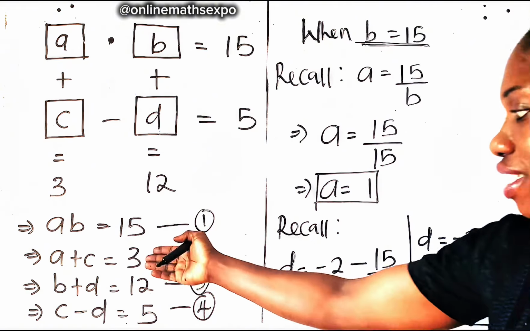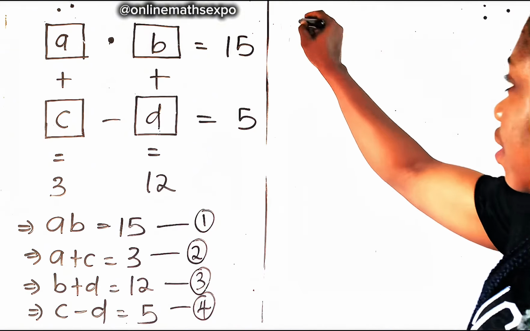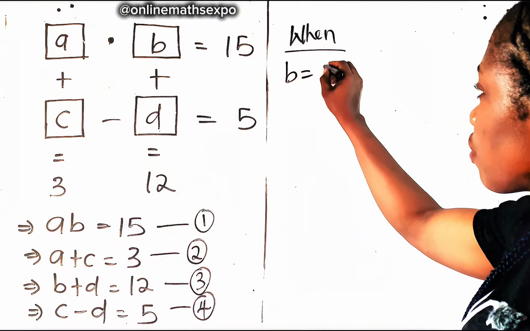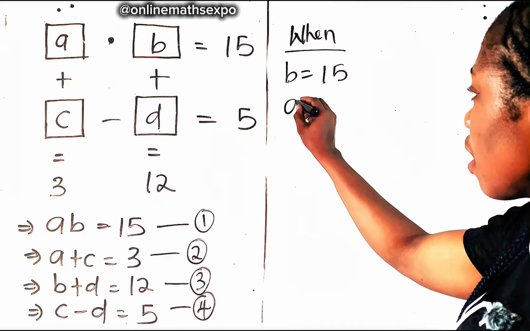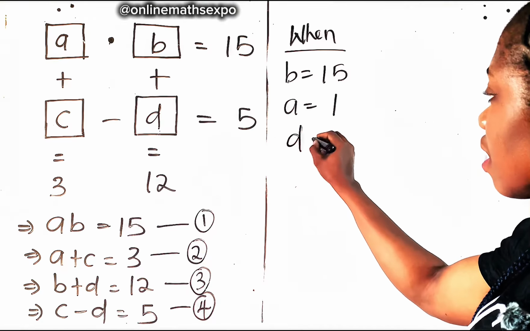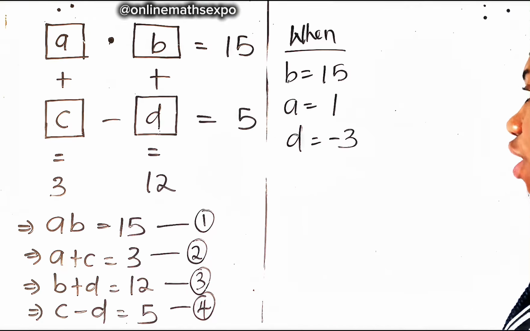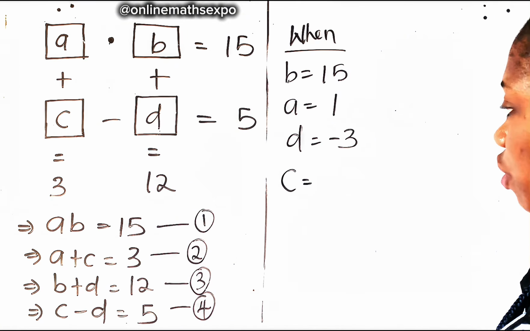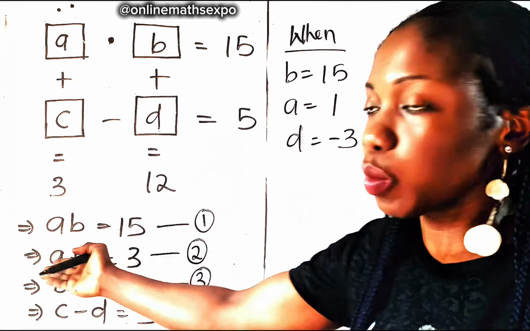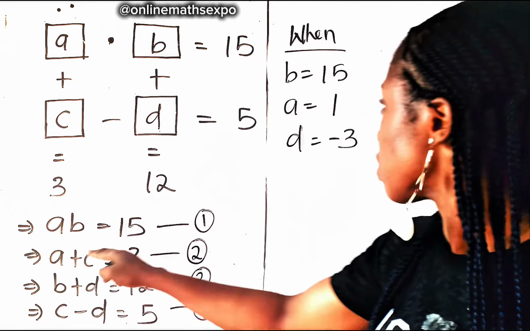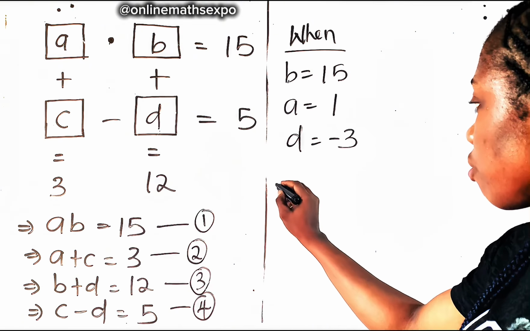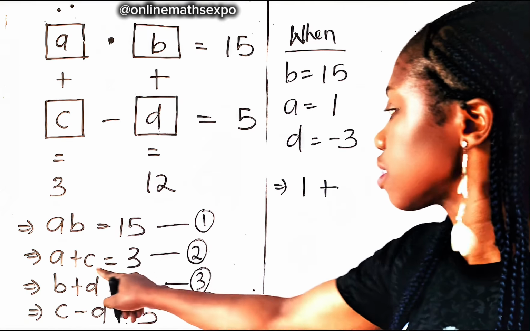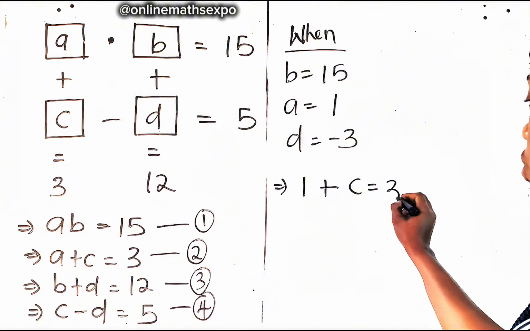So let's get our c. We have it that when b is 15, a is 1, and d is negative 3. For us to find c now, we can just plug it in directly from here. a is 1, so to get c, we have 1 add c is equal to 3.